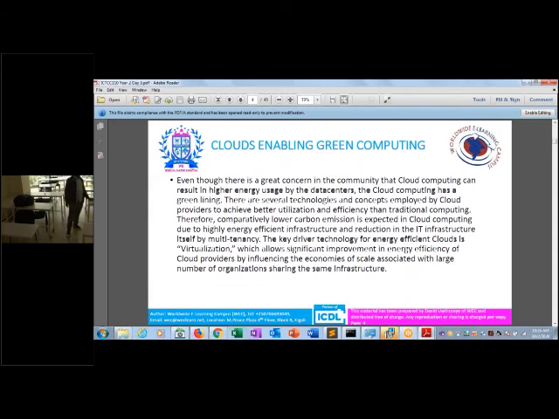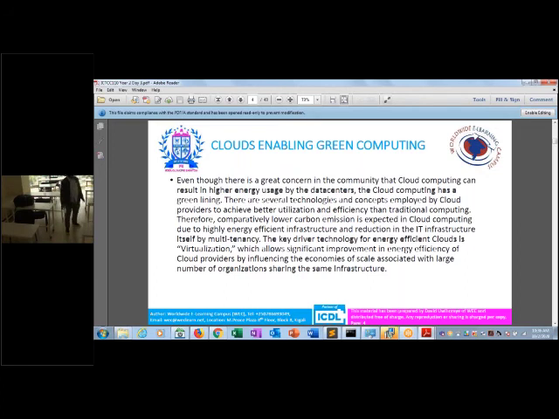Instead of buying another server which consumes an additional amount of energy, you create a virtual server. Because it is coming from the existing one, it will not consume additional electricity. So you understand that it is a very important approach to achieve green cloud computing.